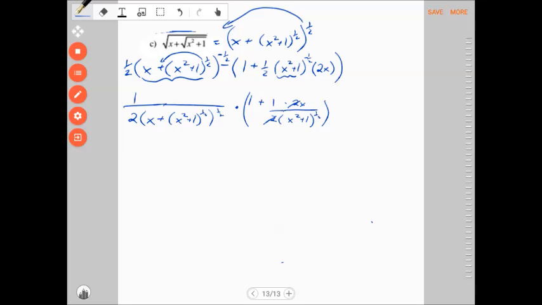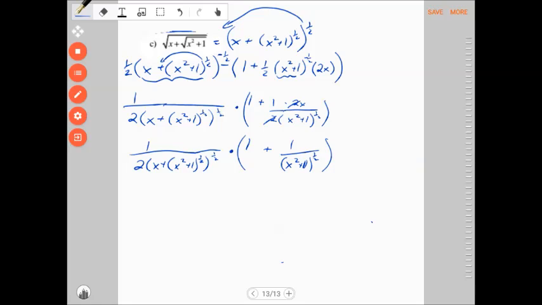That's all right. So look at what we've got left. We got 1 over 2 x plus x squared plus 1 to the half, all to the half, times 1 plus 1 over x squared plus 1 to the half.